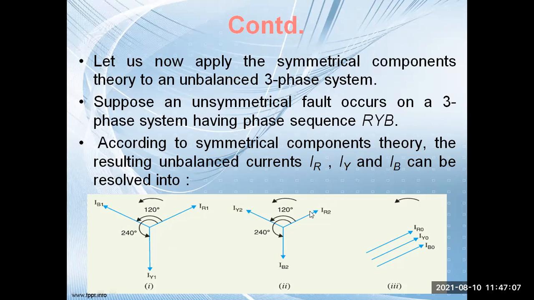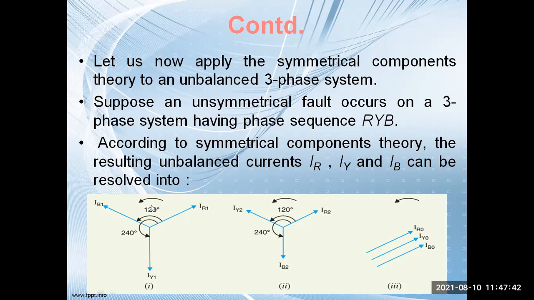Now let us come to the negative phase sequence component of current. This is applicable for the voltage also. If you write VR1, this will be VY1 and this will be VB1. So this symmetrical component theory is applicable to the voltage as well as the current. Now in the negative phase sequence current, this is IR2. From R to Y, IY2 has a 120-degree phase shift, and from Y2 to B2 it is again a 120-degree phase shift, and then IB2 and IR2 again a 120-degree phase shift.